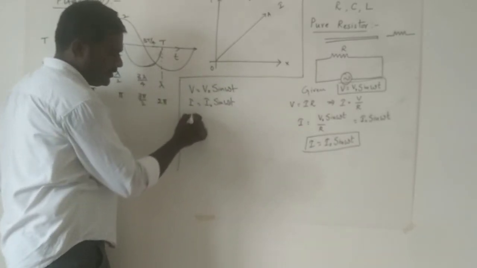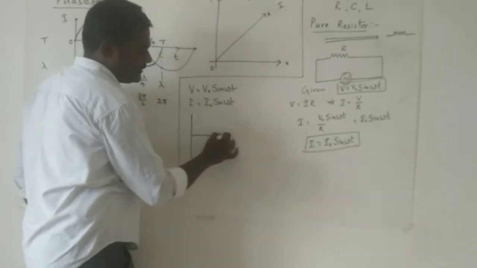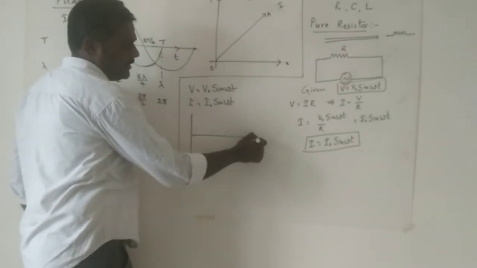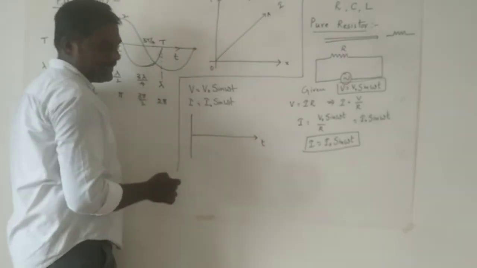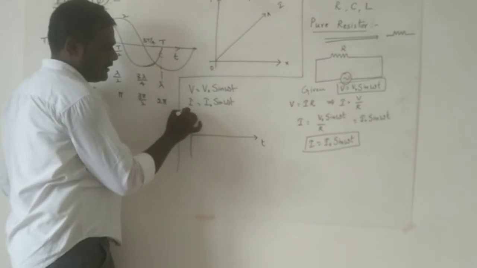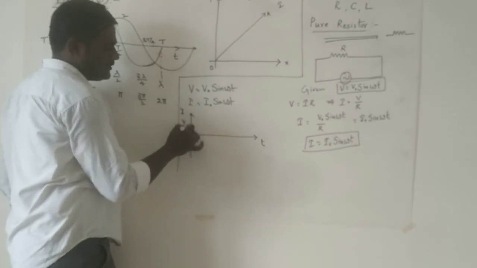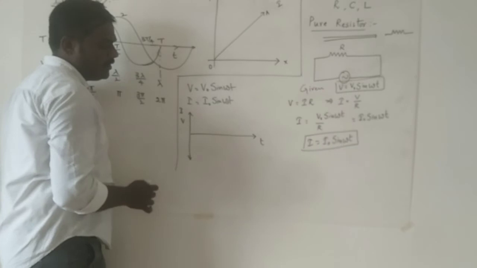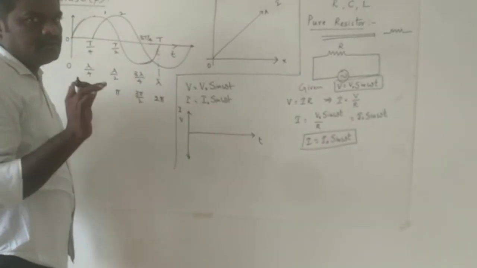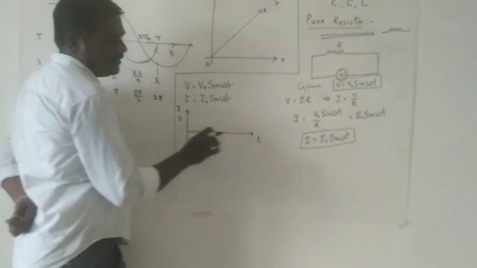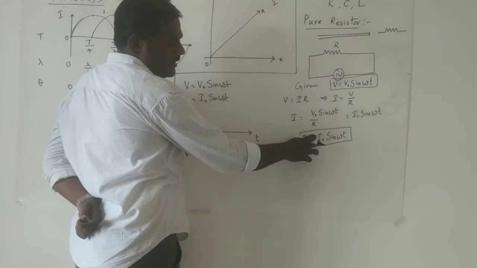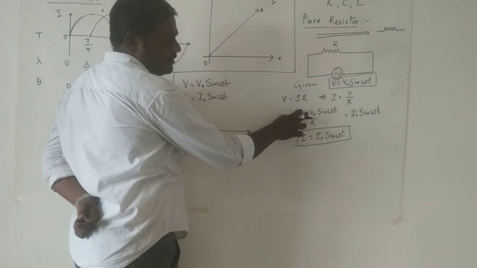So here we got the final relation, and for this you want to first of all draw the sinusoidal diagram. First draw x and y axes, take time along the x axis, and the y axis represents current as well as voltage. Now while drawing, some precautions are to be taken. See here I naught, which is the peak current, and V naught, which is known as the peak voltage.